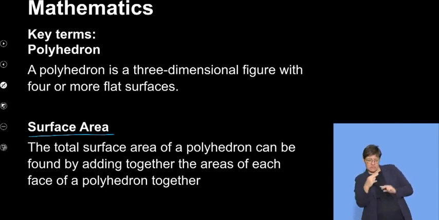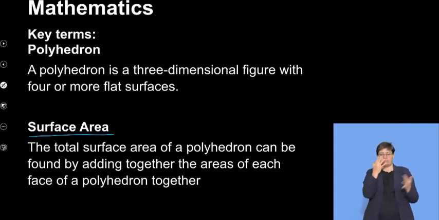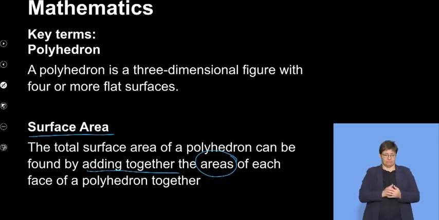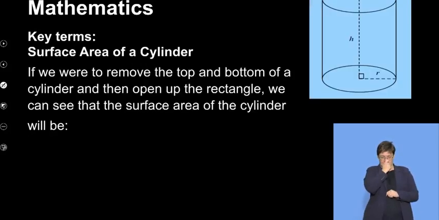And the total surface area of a polyhedron can be found by adding together the areas of each face of a polyhedron together. So all of the faces that make up a polyhedron, if I calculate the area of each of those added together, that is my total surface area.